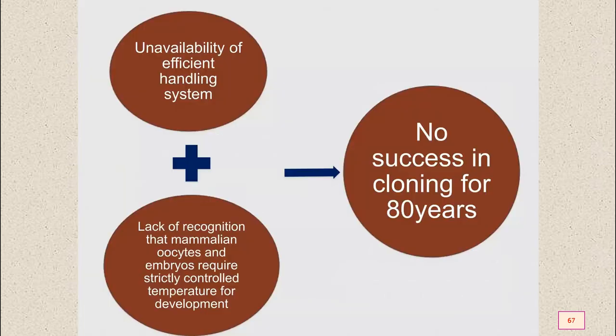Then, depending upon the availability or efficient handling of the system, which can be combined with that of reputed persons who have the interest. So, mammalian oocytes and embryos require strictly controlled temperature for development.